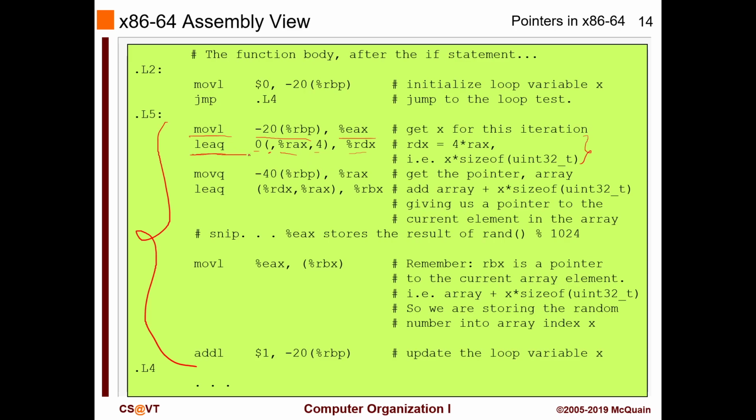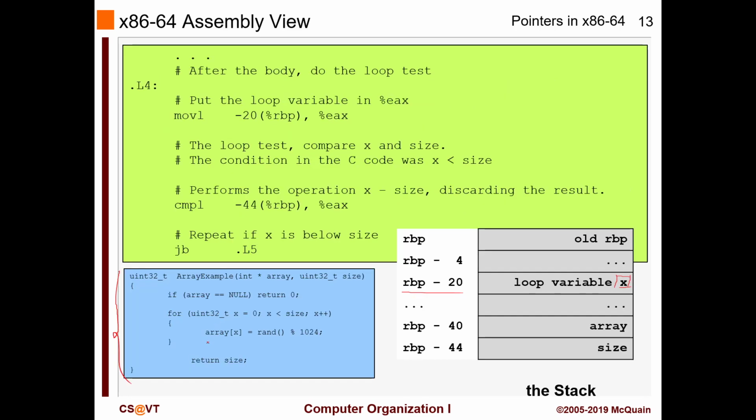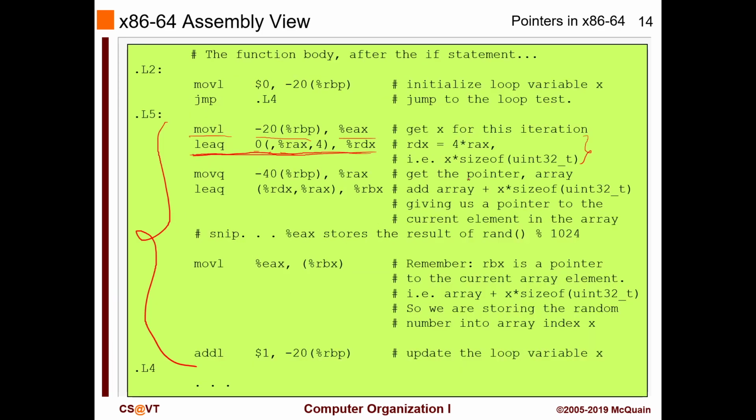By doing this we are actually calculating how much farther we have to go in the array to find our index, because we are doing something like array x, right? To do something like array plus x, it goes that many places.